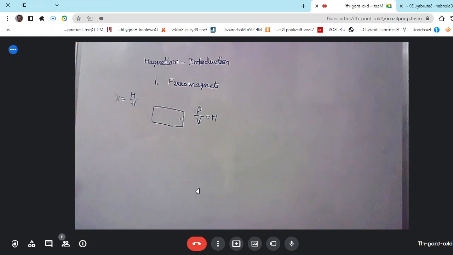This H means the magnetizing field. Let us consider several magnetic objects and apply the same magnetic field to them.